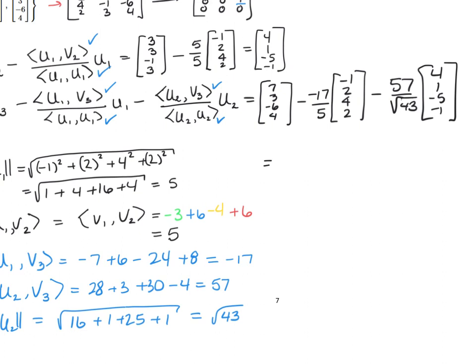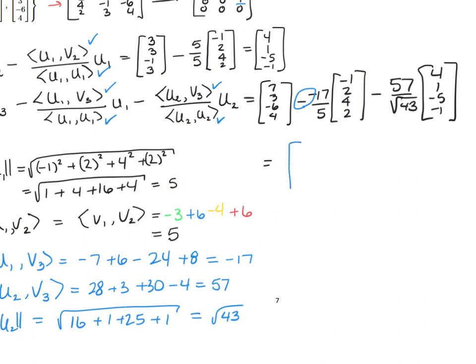So this is going to be equal to, and we're going to end up with some lovely numbers, I'm going to take 7. I'm going to add to it, because this will make it a positive, the 17 over 5 multiplied by negative 1. And then minus 4 multiplied by 57, and I'm going to get some decimals here, divided by 43.